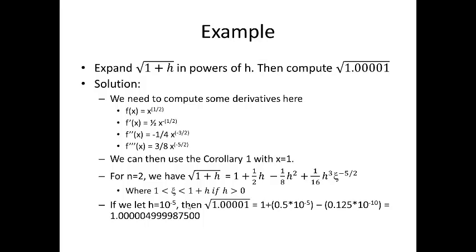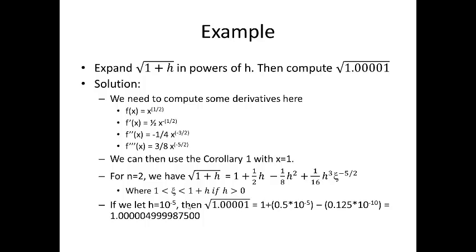So basically we need to find some derivatives here, because we always need to find derivatives for Taylor series. So the first one, f of x, is equal to the square root of x, which is x to the 1/2 power. The derivative of that, we bring the half down and then subtract 1 from the power. So it's 1/2 x to the minus 1/2.